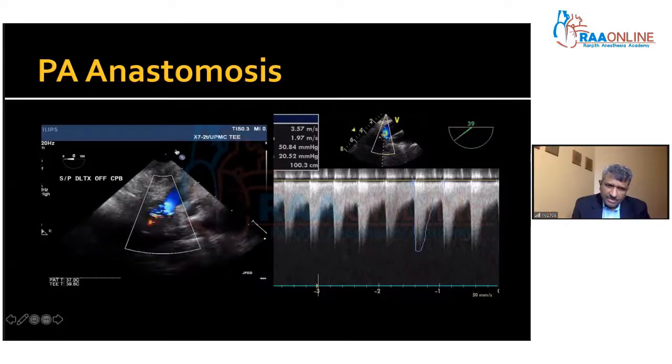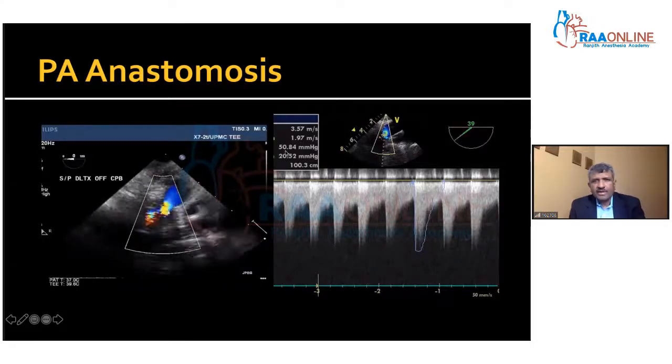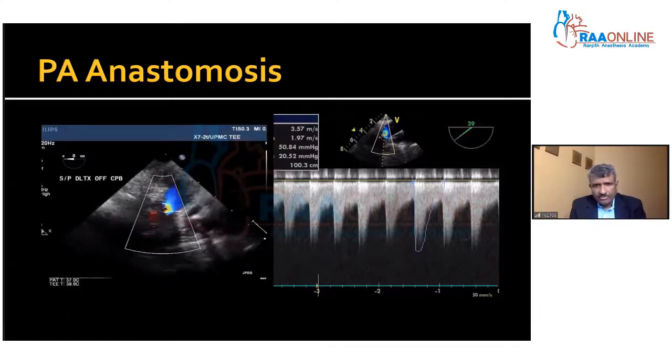But in this case, we could get a tilted oblique view, and we put a continuous wave Doppler across the anastomosis, and you can see the peak gradient was 50. The peak gradient should not be 50 in any pulmonary vasculature. Usually the peak gradient is less than 5 to 25.